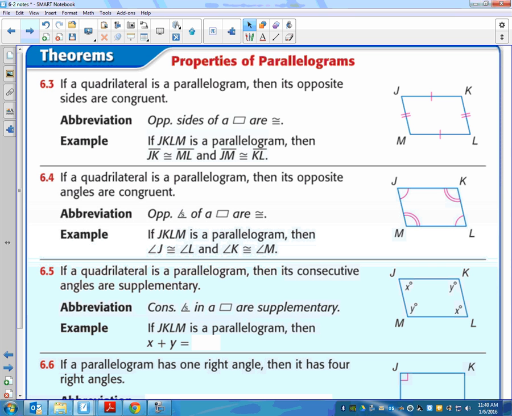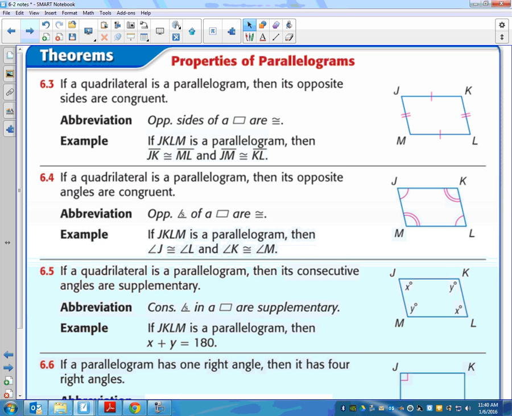In this picture, x plus y, no matter which x or y you choose, will add up to 180. So just think about in a parallelogram, they don't have to give you much information, and you can tell them a lot of things because all of these things are true because the opposite sides are parallel.